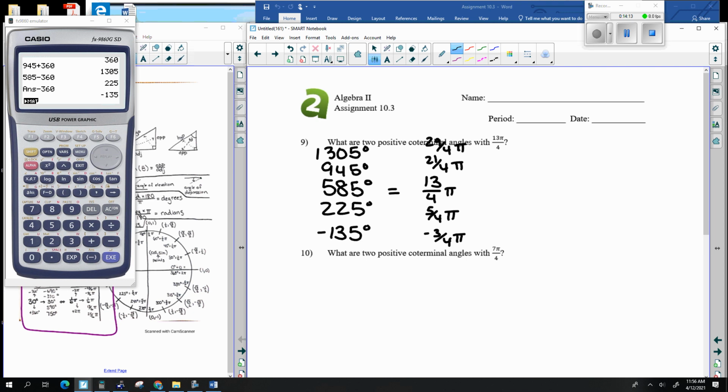So they want two positives. So I'll give them two positives, two of the lowest positives that aren't itself. And so I would probably say these two, because again, the original question was in radians. So I'll give them the two positive radians that are the smallest positive.